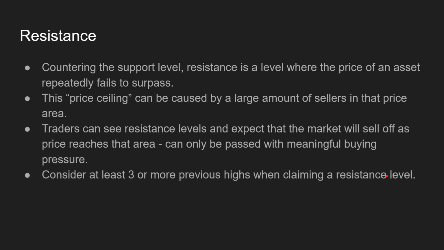Once again, we want to consider at least 3 or more previous highs when claiming a resistance level of significance. We want to see multiple instances of price coming up to that level and failing to surpass it.